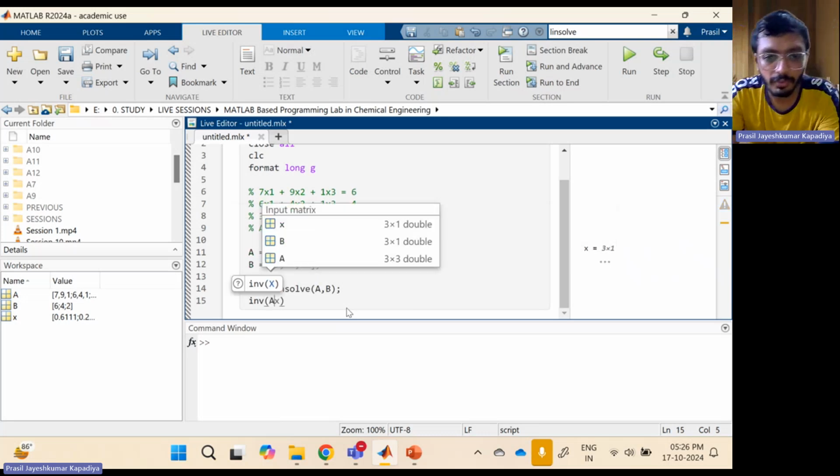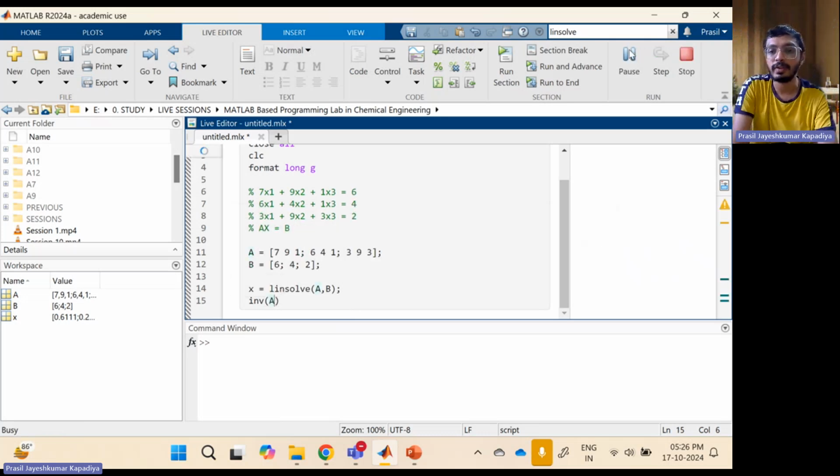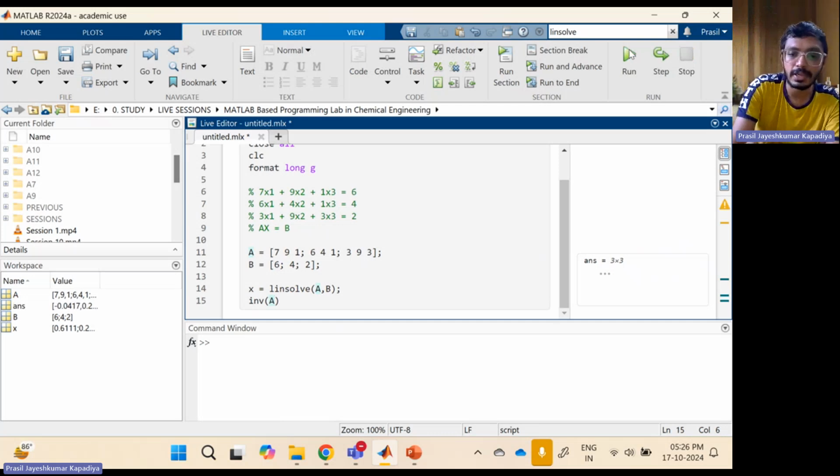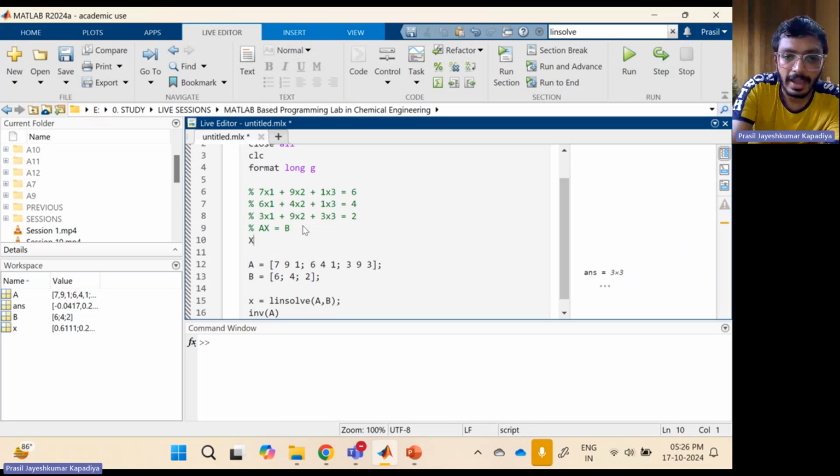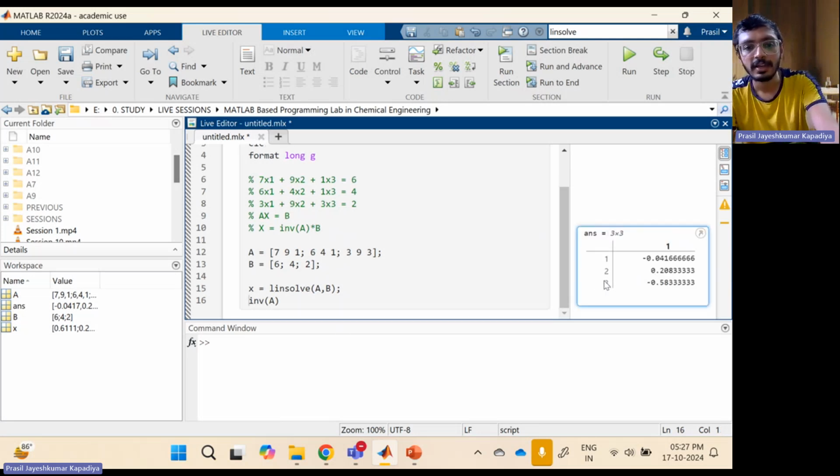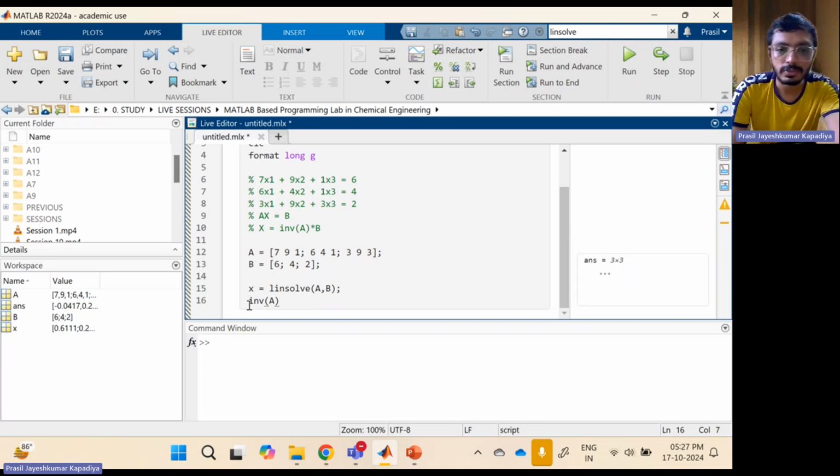If I use inv of A, it will give me the inverse of matrix A. If we think logically that Ax is equal to B, then what can I write? x is equal to inverse of A into B. So if the inverse of A exists, then my solution can be x equal to inverse of A times B, if I don't want to use linsolve.